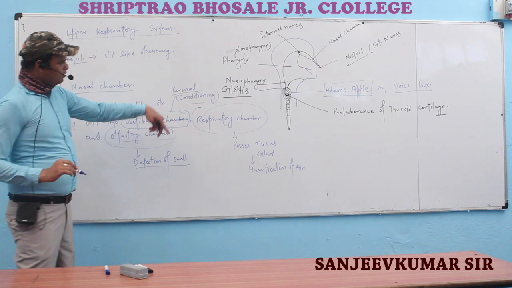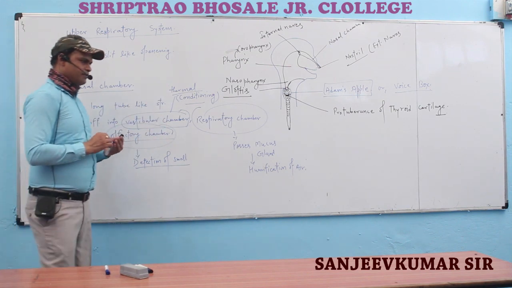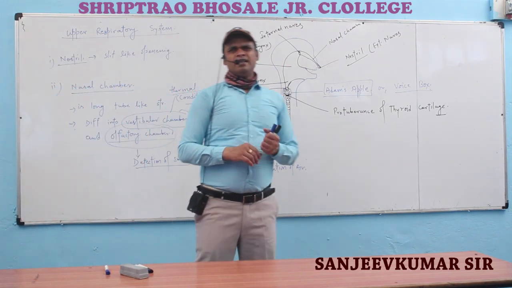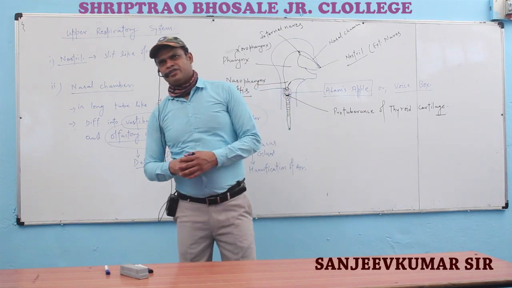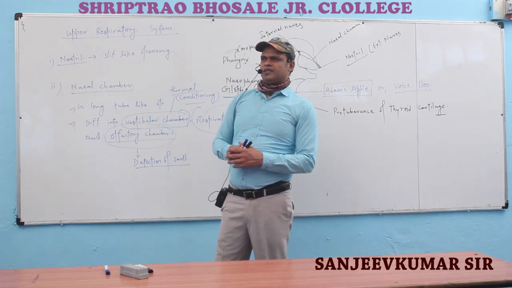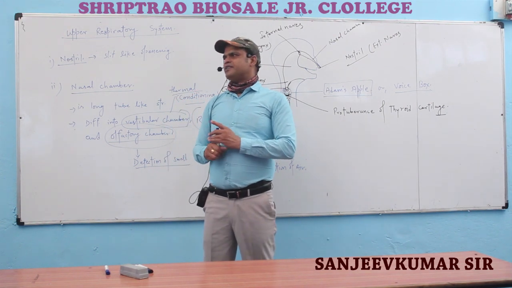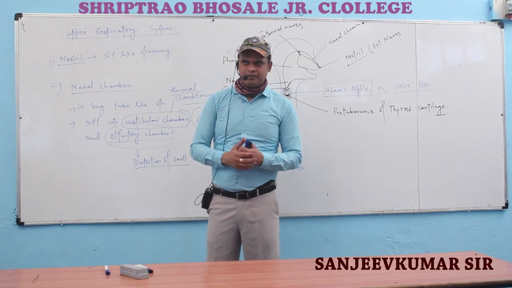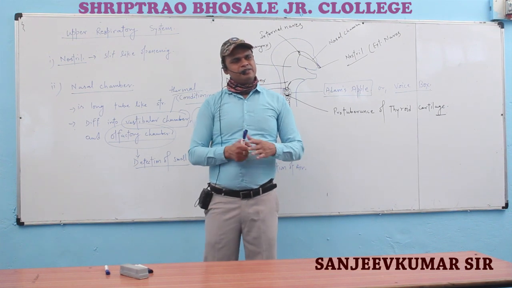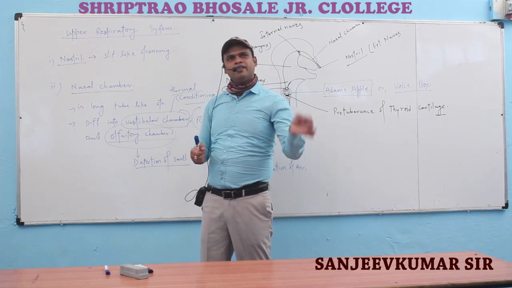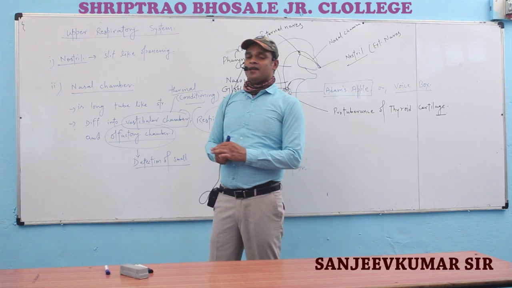So all these chambers have different roles. You know that the external air temperature, or the environmental temperature, is most of the time different from the body ambient temperature. So the air must be conditioned according to the body temperature.